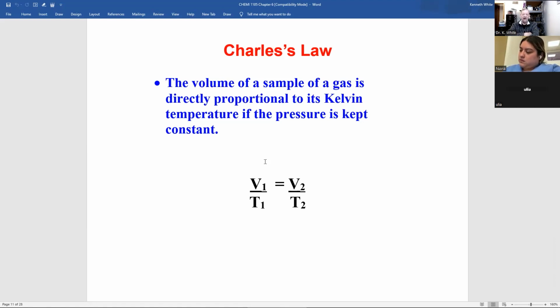And Charles' law is V1 over T1 equals V2 over T2. V1 initial volume, T1 initial temperature, V2 final volume, T2 final temperature.